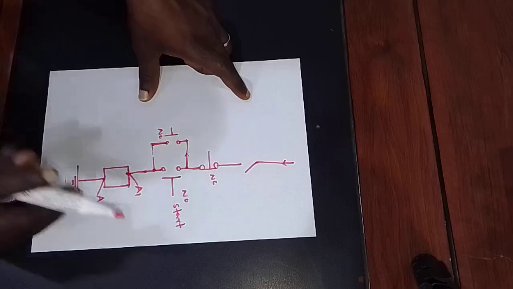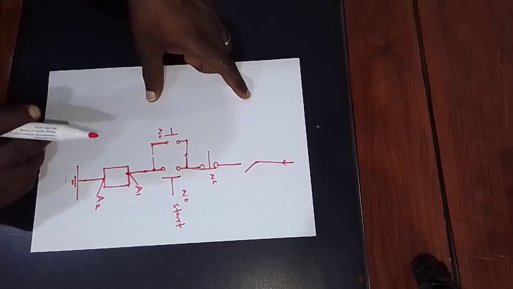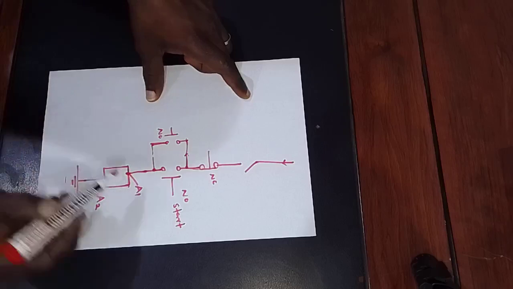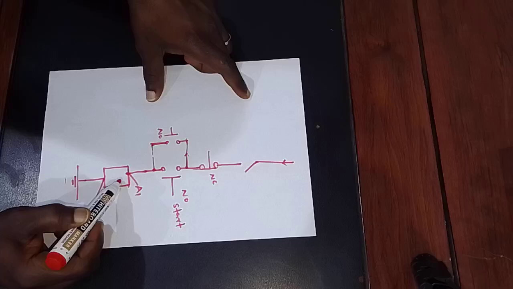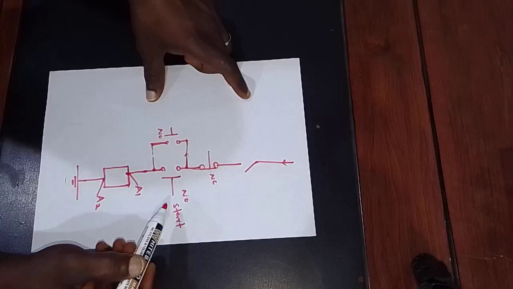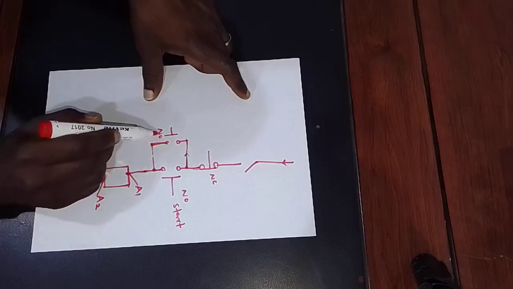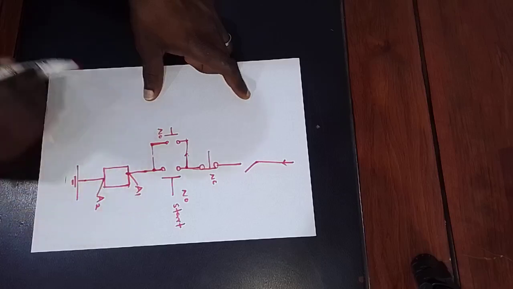So, like we said, today we are going to incorporate an indicator light. The first indicator light is to indicate that the contactor is on. So what we do is we take advantage of the output of this normally open contact.